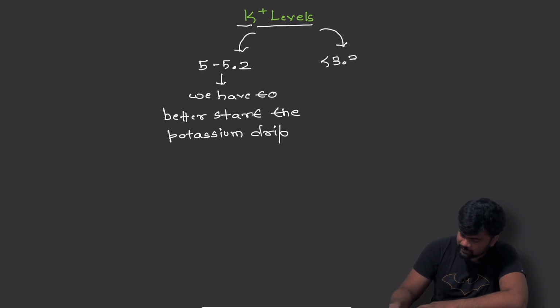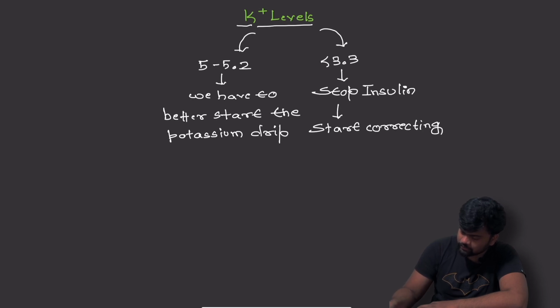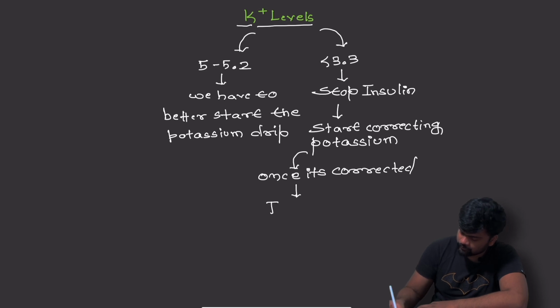If it reaches less than 3.3, stop insulin and start correcting potassium. Once it's corrected, insulin can be given back.